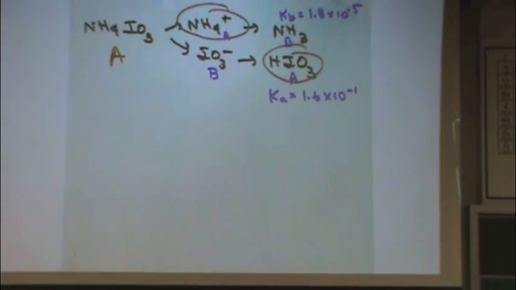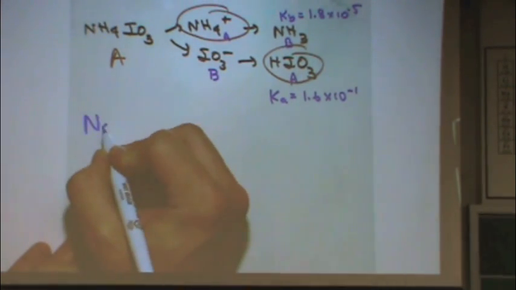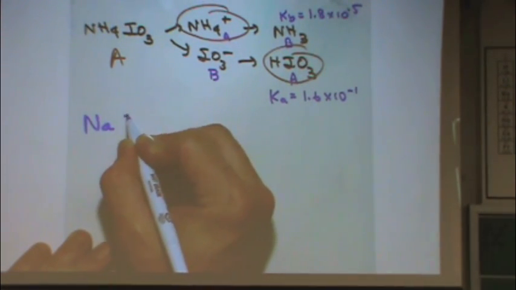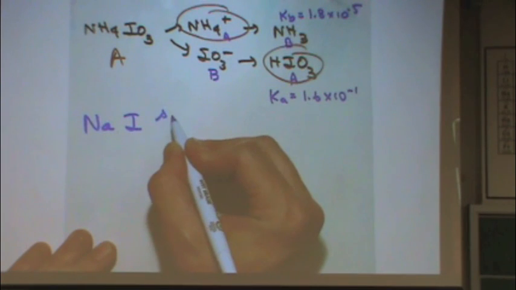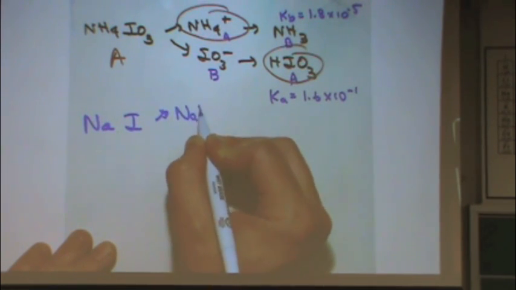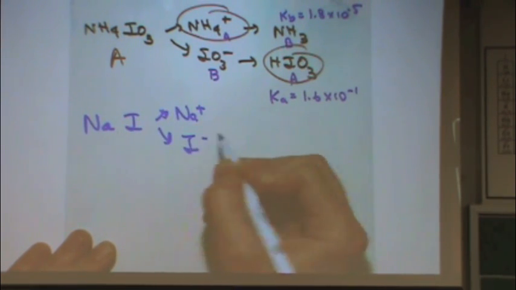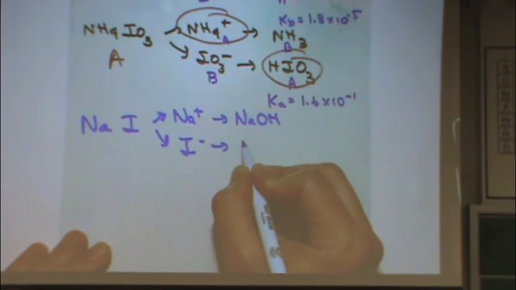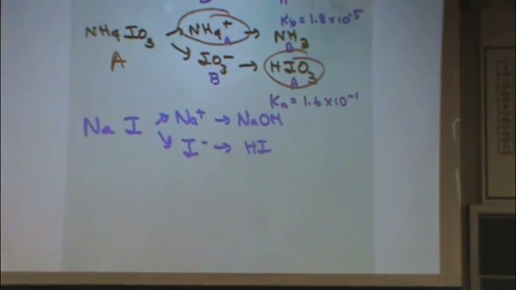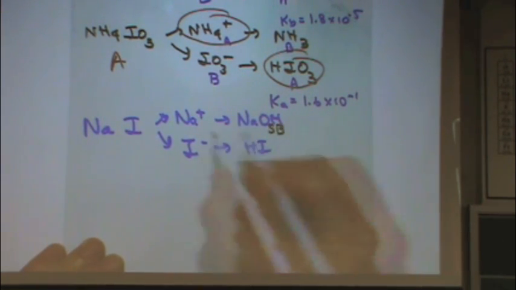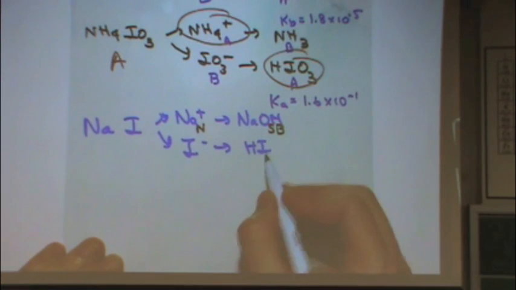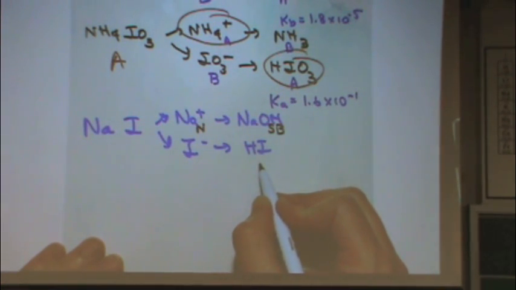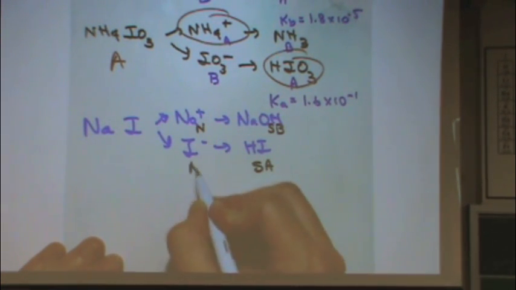Let's just do one more. Sodium iodide. Well, you'd say Na plus I minus. That's from sodium hydroxide and from HI. Sodium hydroxide is strong base, so we've got a neutral. HI is strong acid, so we've got a neutral over here.